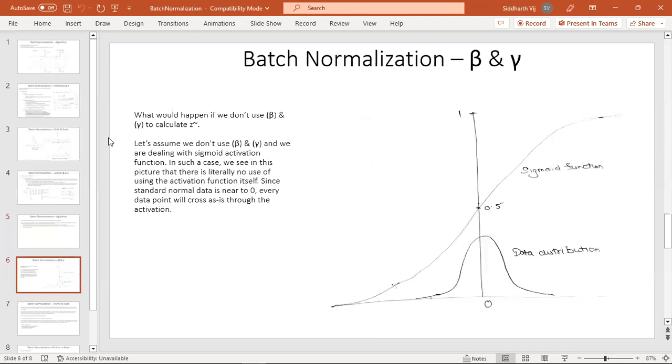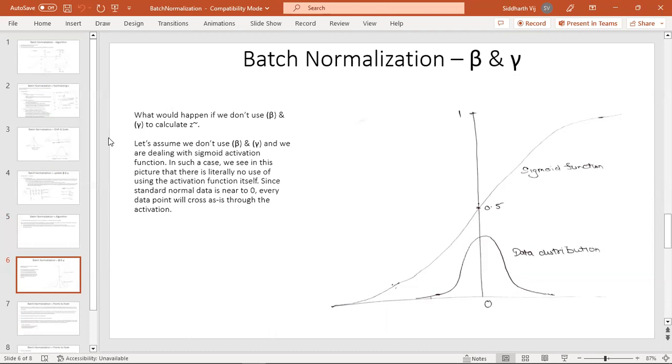Now, what would happen if we don't have beta and gamma? Just think about a scenario where we don't have it, but we're still normalizing the values of Z. Batch normalization is about two steps. One is normalizing the values of Z and then doing a multiplication and an addition with beta and gamma. So out of these two steps, we are at least doing one step, which is normalization.